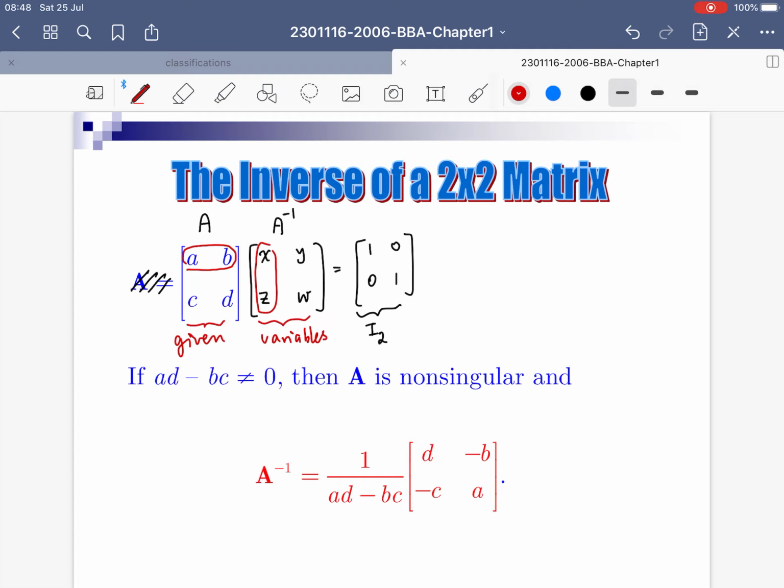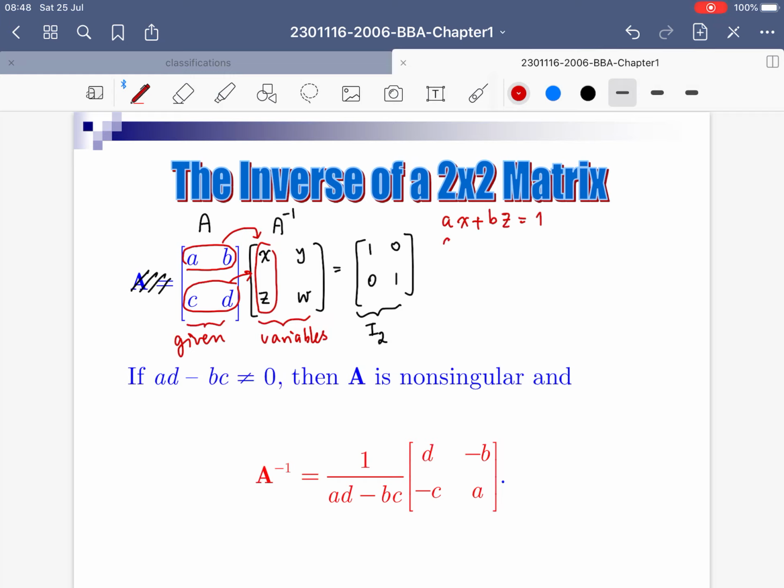So the first equation becomes AX and BZ equals to 1. And the second equation, let me just do this one. The second row multiplied with the first column, because all these first column will depend on the X and the Z alone.